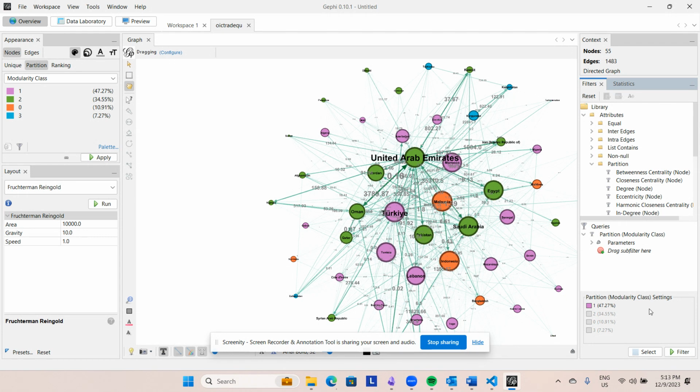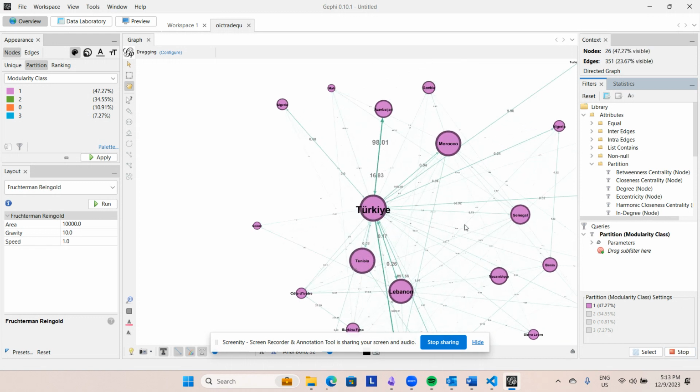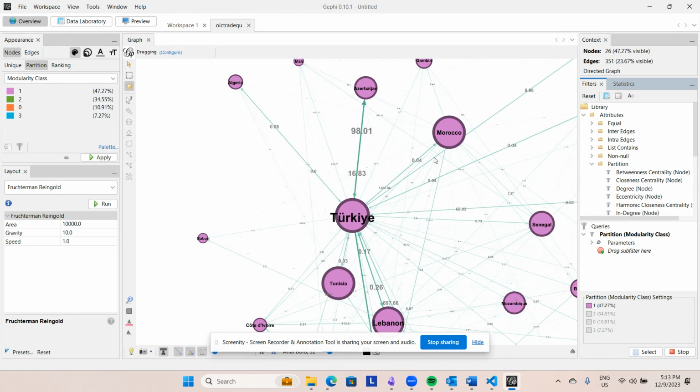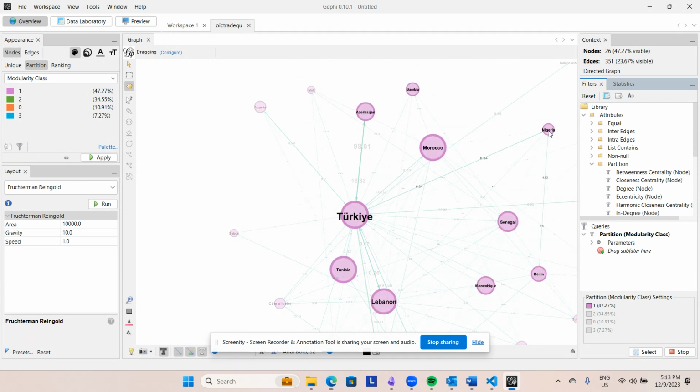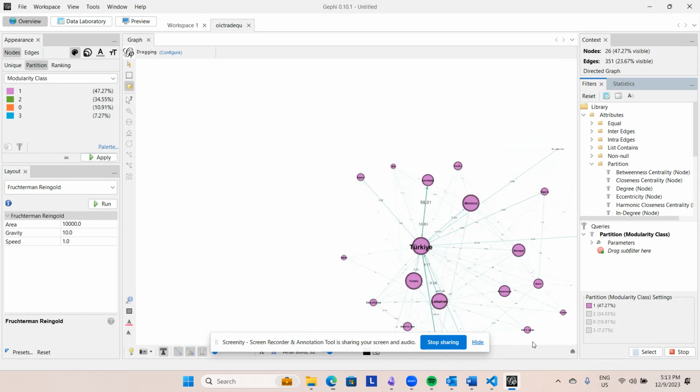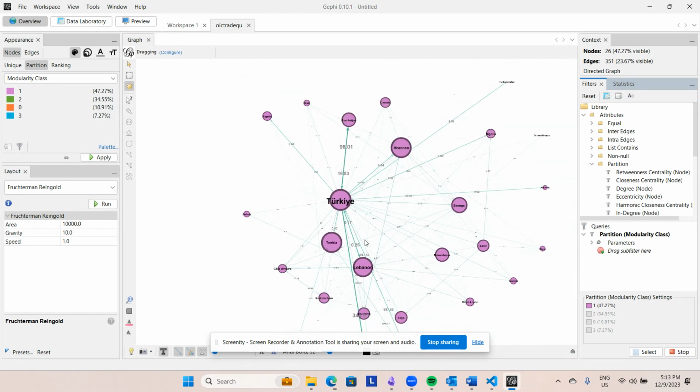47% of the countries are within the violet group, number one. We see the countries, of course, Turkey and Azerbaijan have geographic closeness. However, Senegal, Nigeria, Benin are in Africa.